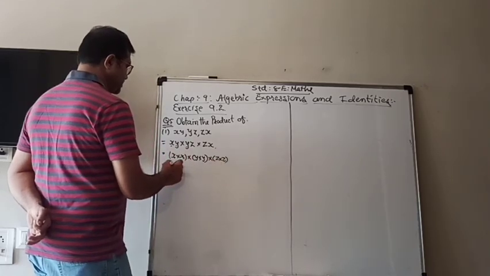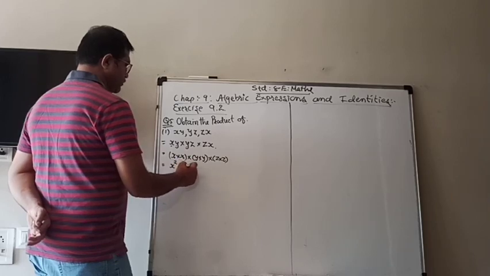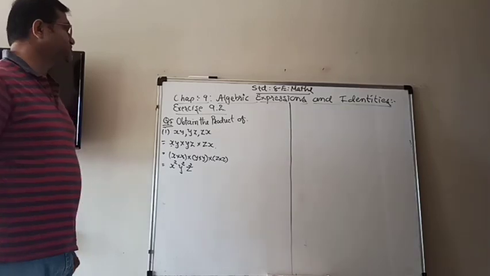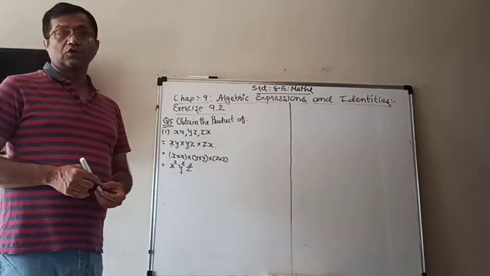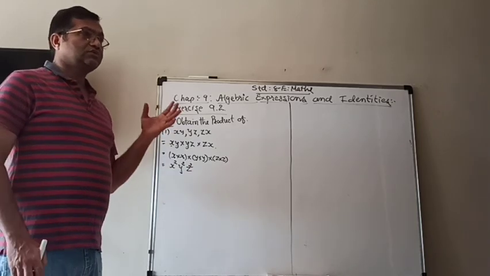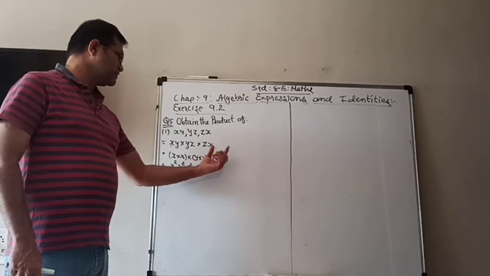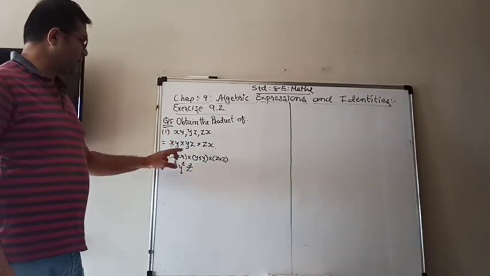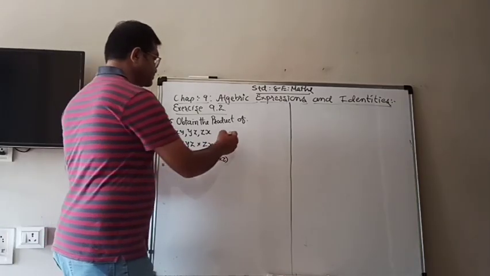So x into x is x square, y multiplied by y is y square, and z multiplied by z is z square. So we just make the terms who have the same variable separate, and then we know that powers are added: 1 plus 1, 2, 1 plus 1, 2, and so on.